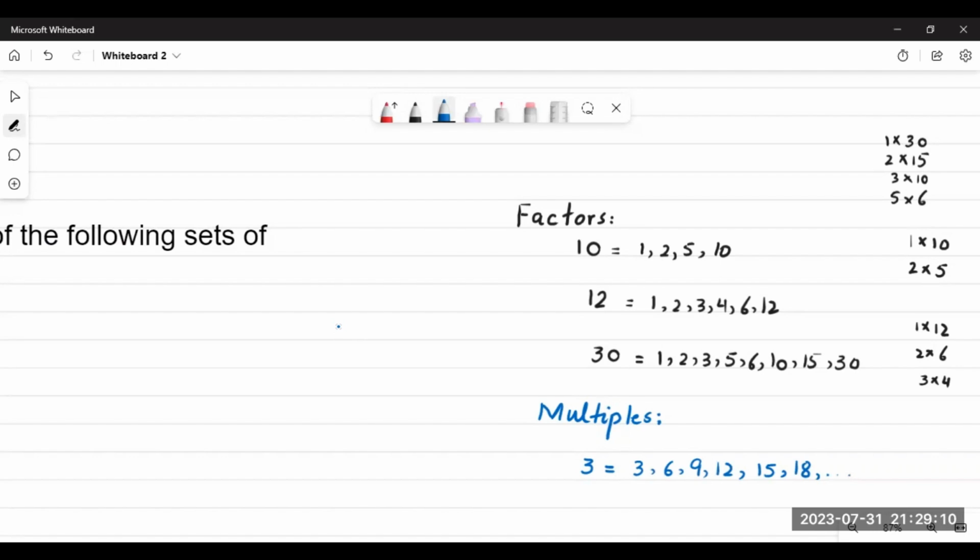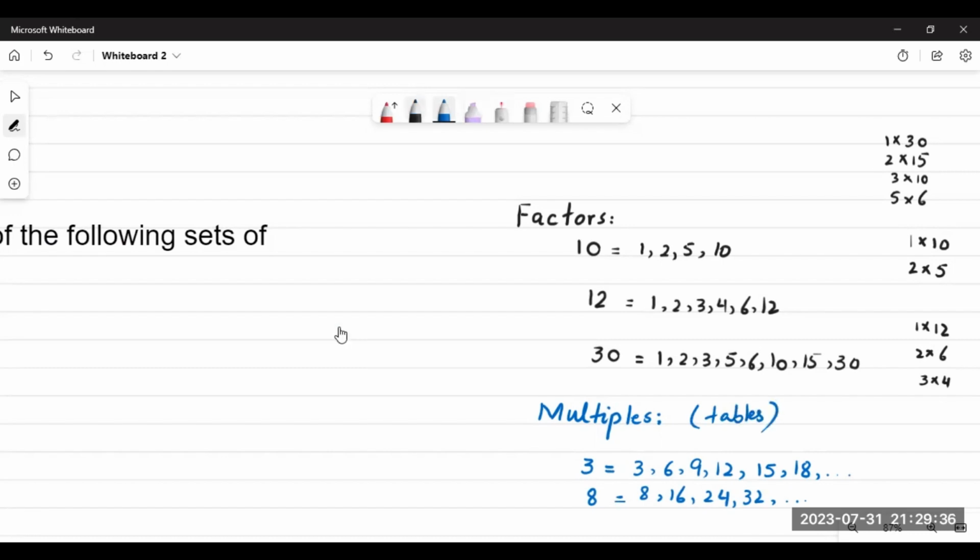In the same way, if you want to find the multiples of 8: 8 1s are 8, 8 2s are 16, 8 3s are 24, 8 4s are 32, and so on. These are the factors and the multiples. Multiples are the tables.